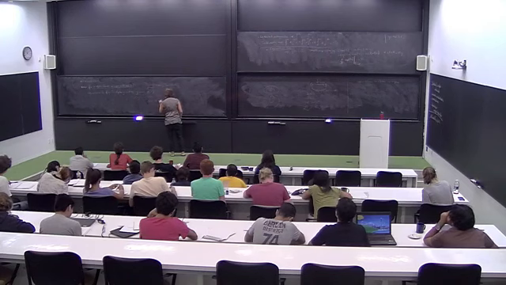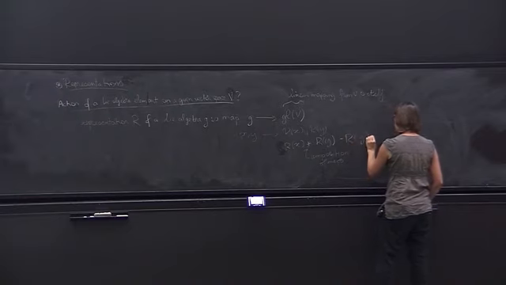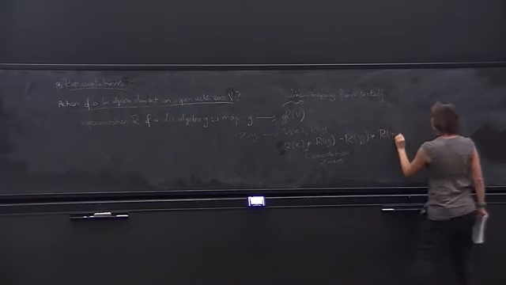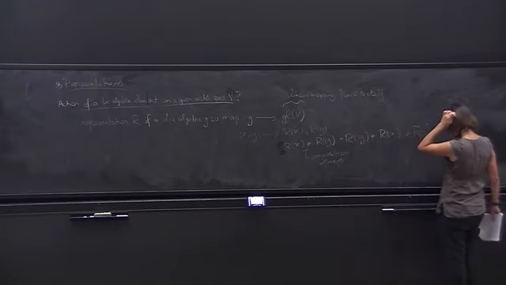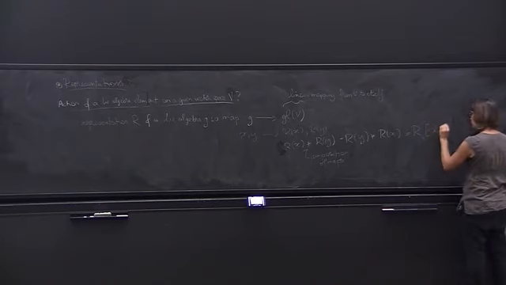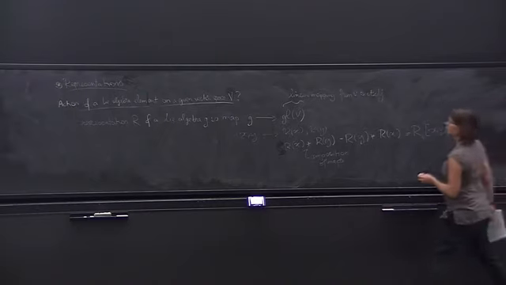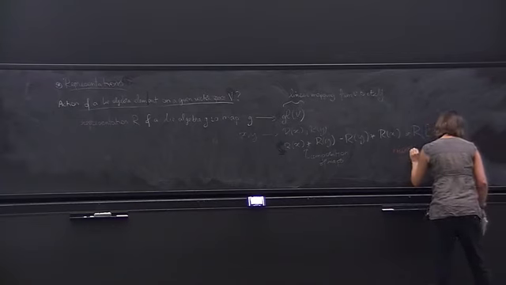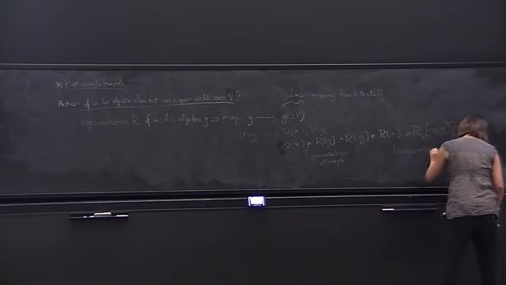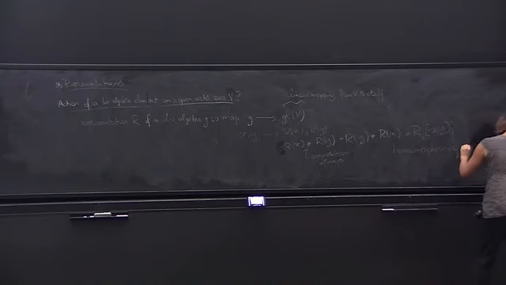Okay, so we want to have this minus this, and this has to be equal to the representation of the commutator of these two, of the Lie bracket of these two Lie algebra elements. And if we have this, it means that we have a homomorphism of Lie algebras.